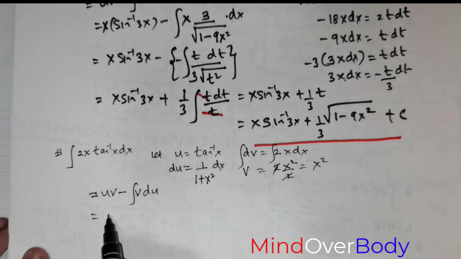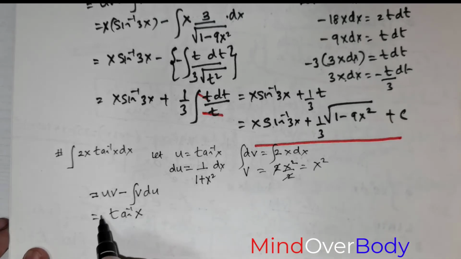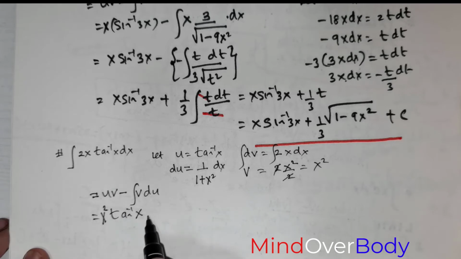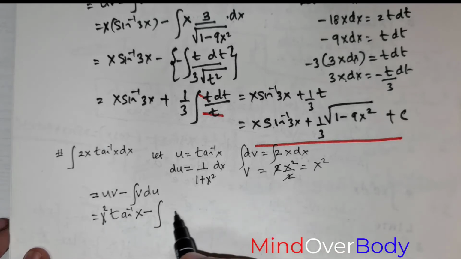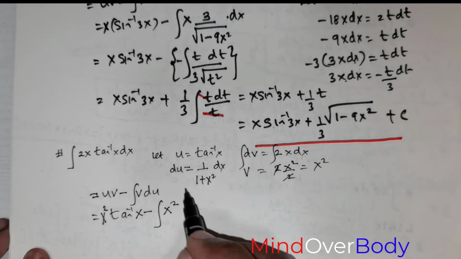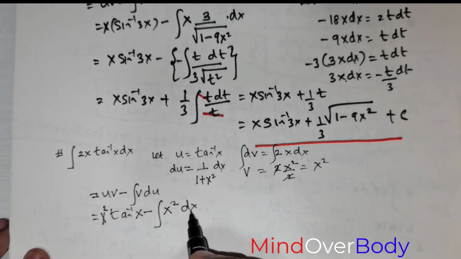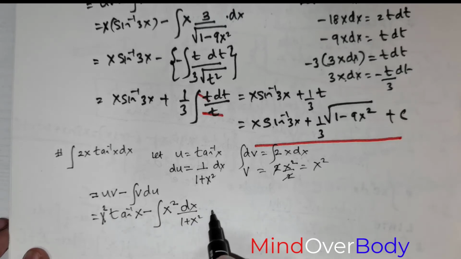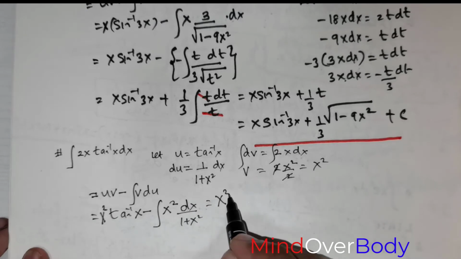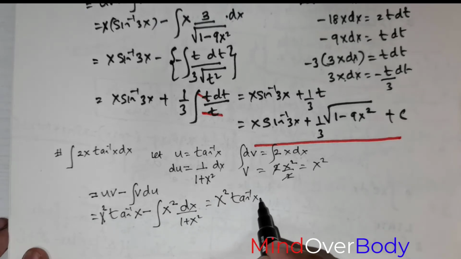That's going to give me, my u is tan inverse of x, my v is x squared, I'll place it here, followed by a negative sign, and my v is x squared, and my du is dx over 1 plus x squared. I'm going to rewrite this as x squared times tan inverse of x minus integral.